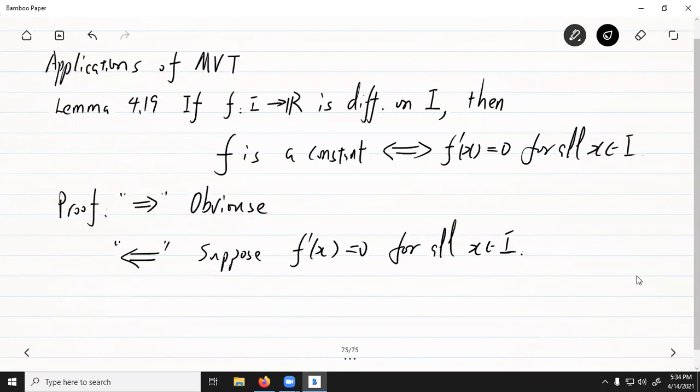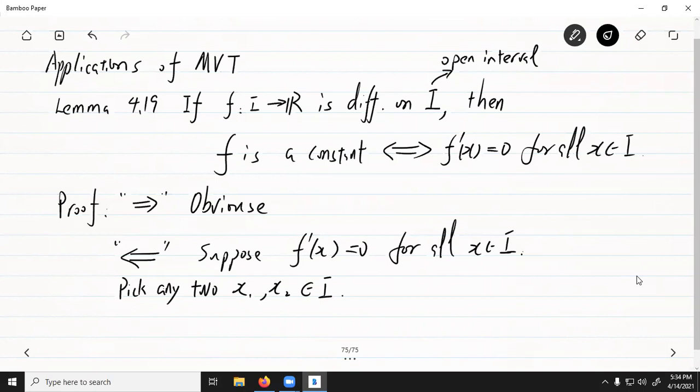Okay, so the idea is, since I is an open interval, right? This is the open interval. So now let's pick arbitrary, any two values, x1 and x2, which are in I. So the idea is we want to show that f of x1 is equal to f of x2, right?